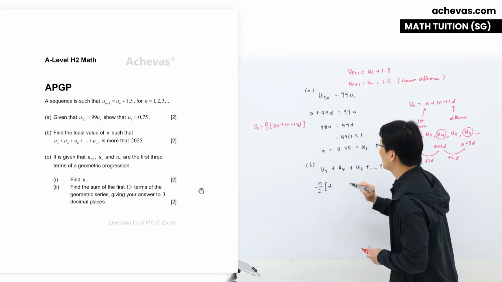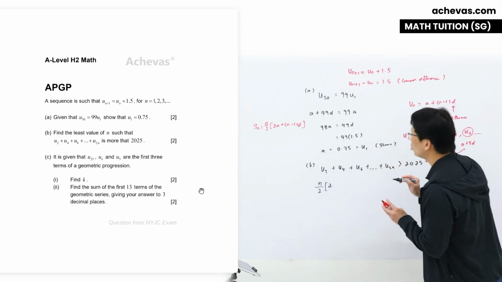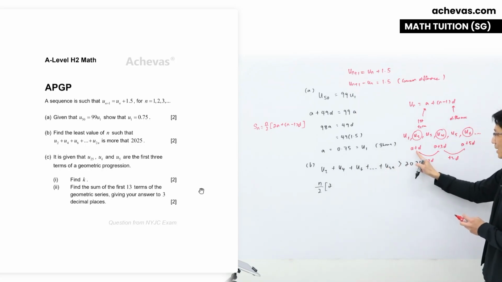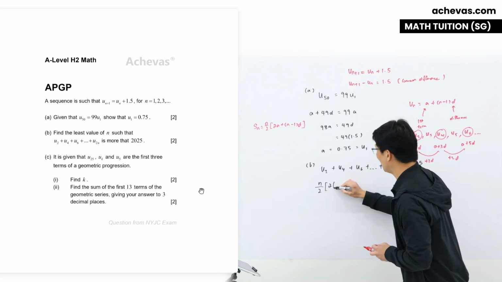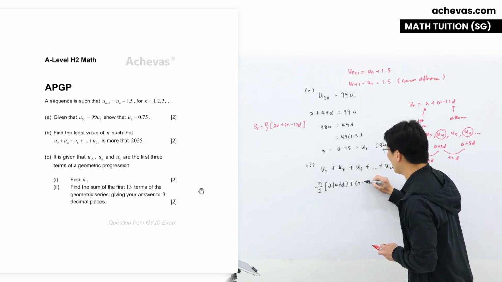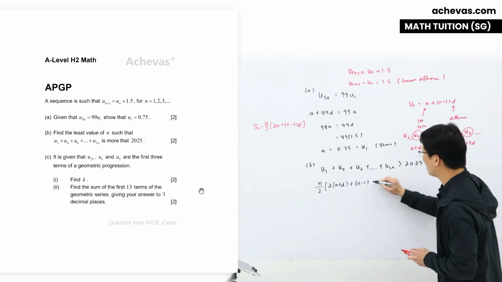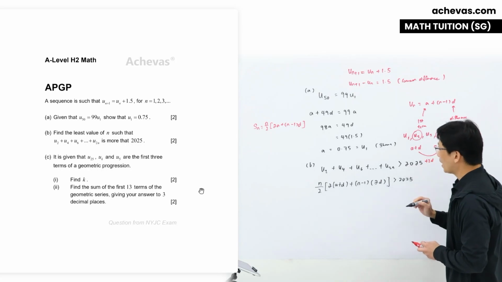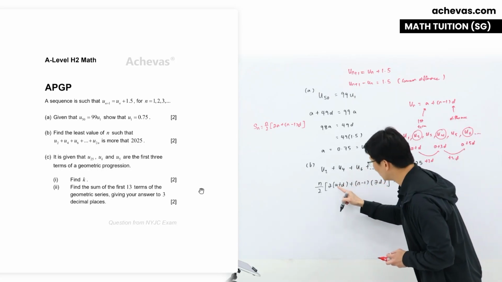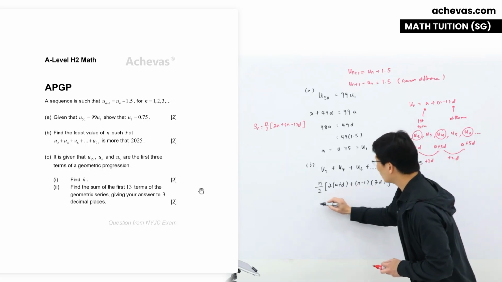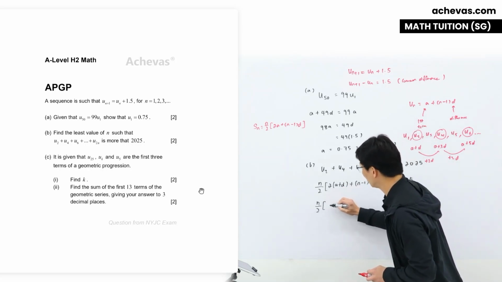Now I know that the new first term of this sequence will be a plus d. So I start with a plus d here, and plus (n minus 1)d. This time round, my d is 2d, and the sum is greater than 2025. We already have the values for our first term and our common difference, so I'm going to substitute the values.